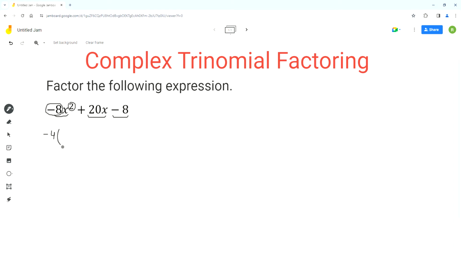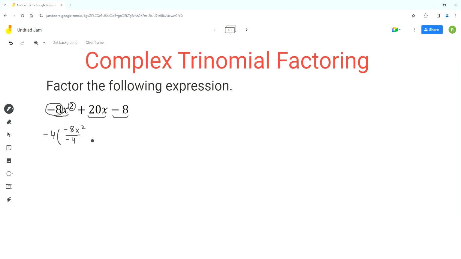Now, in order to write what's left of these 3 terms after factoring out negative 4, we have to divide these 3 terms by negative 4. So we divide negative 8x squared by negative 4. I'm showing you the steps so that you understand how to write the expression that's left over.